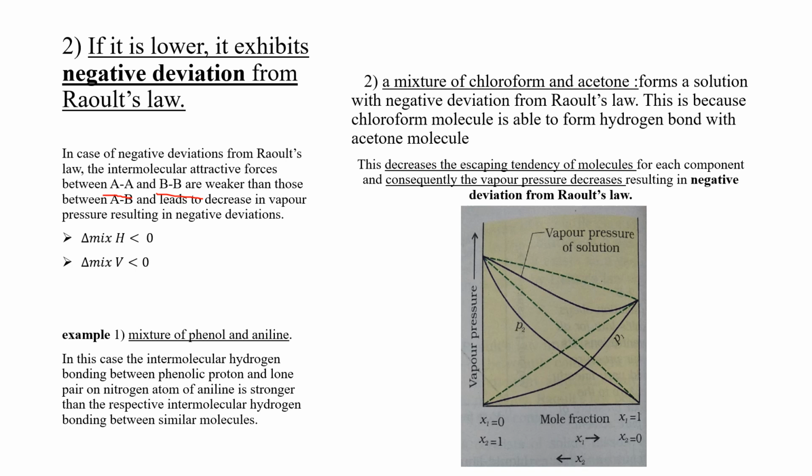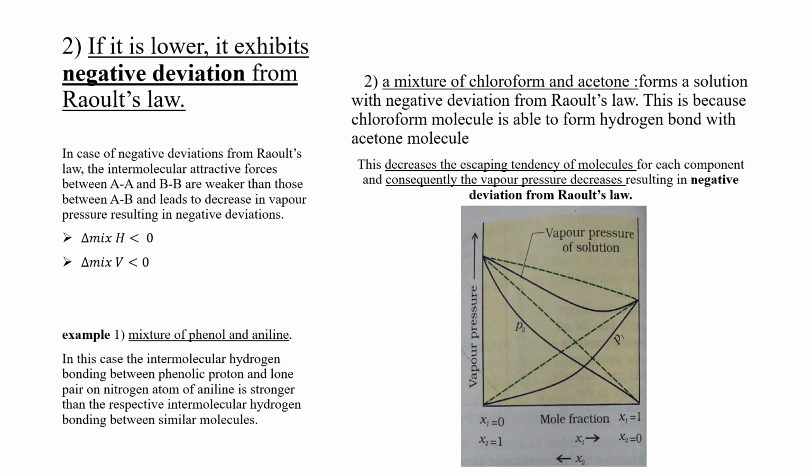In positive deviation, the intermolecular forces of attraction between pure components AA and BB are stronger, but here in negative deviation, the intermolecular interaction between AA and BB are weaker, and those between the solution particles A and B lead to a decrease in the vapor pressure, resulting in negative deviation.